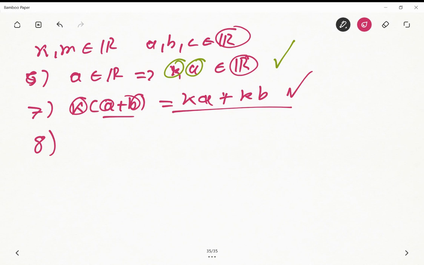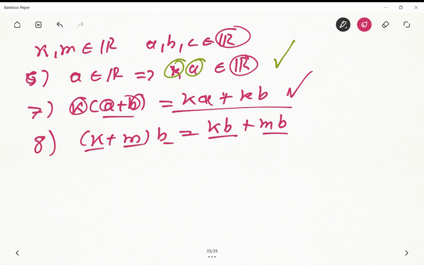Axiom number 8 is the same, but now considering two scalars. In this case scalars and vectors are the same thing, so here again it holds, kb plus mb. Why? Because all these elements are real numbers, so it is actually the same as the previous case, so it holds.